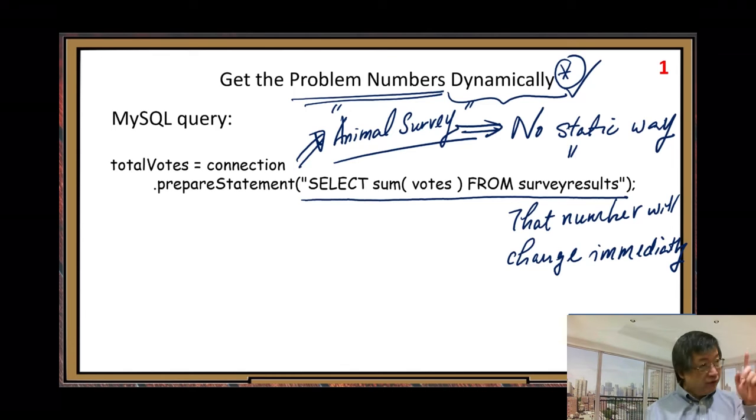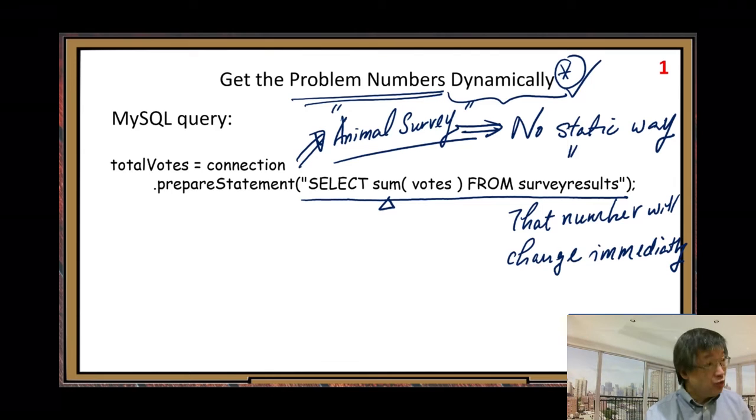First, look at the sum. Sum here is a function. In MySQL, we call this an aggregate function. We have many aggregate functions.